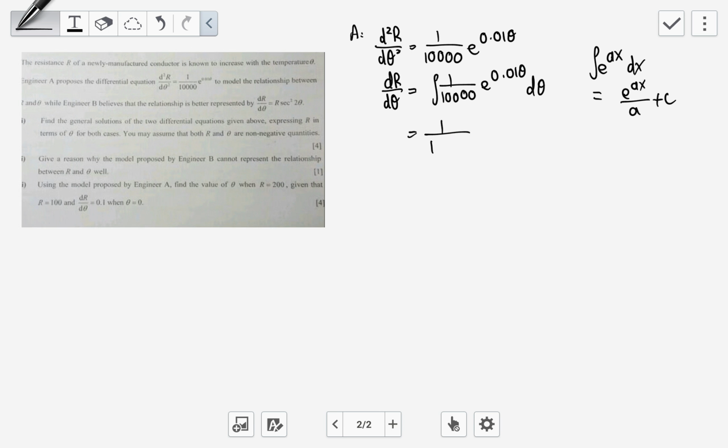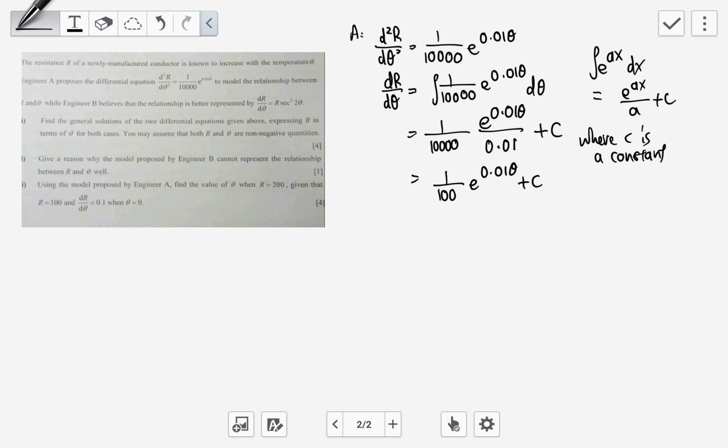So I have 10,000, and when I integrate this part, it will be e^(0.01 theta) over 0.01, then plus c, where c is a constant. This gives us 1 over 100 e^(0.01 theta) plus c.